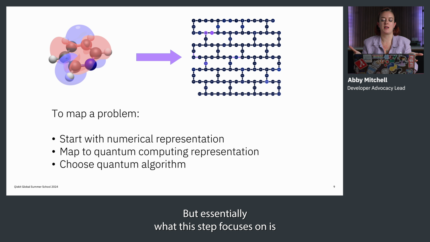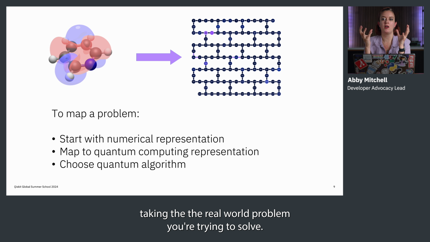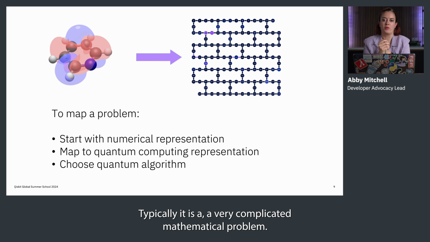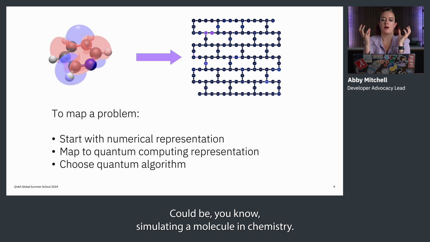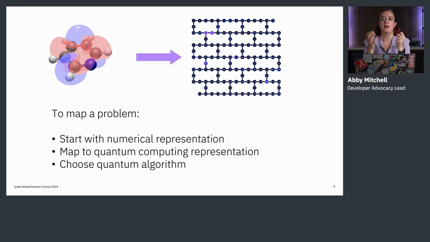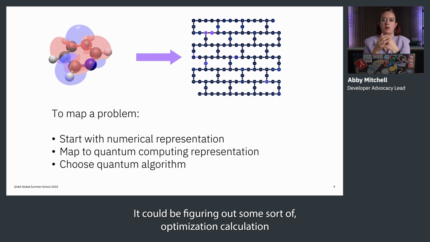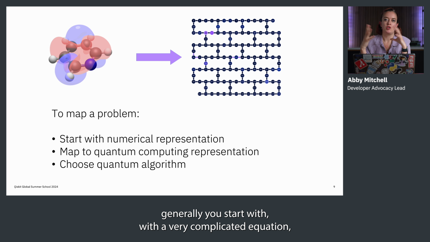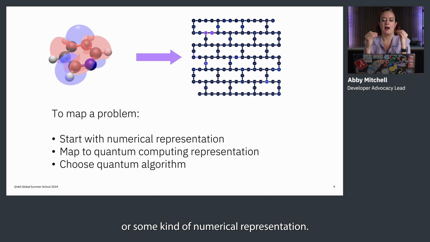But essentially what this step focuses on is taking the real world problem you're trying to solve. Typically it is a very complicated mathematical problem, could be simulating a molecule in chemistry, it could be some sort of optimization calculation. Generally, you start with a very complicated equation or some kind of numerical representation.